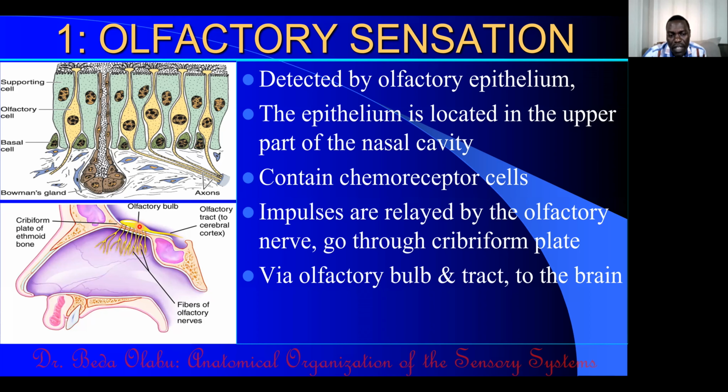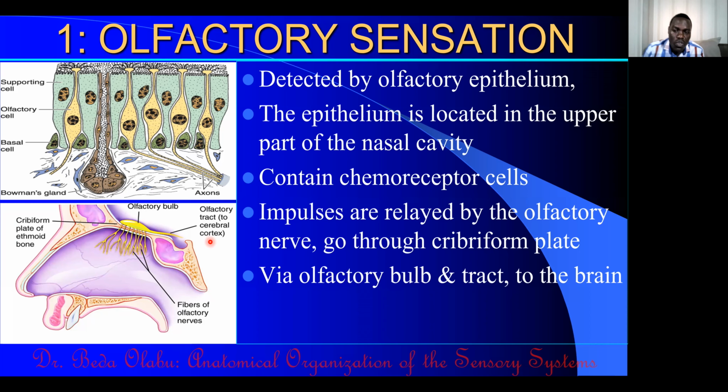Their axons then go to the brain, and that is what constitutes what we call the olfactory tract, which goes to the brain. Olfaction is the only sensation that does not go through thalamus before it reaches the cerebral cortex. Olfaction reaches the cerebral cortex before it can connect to the thalamus.